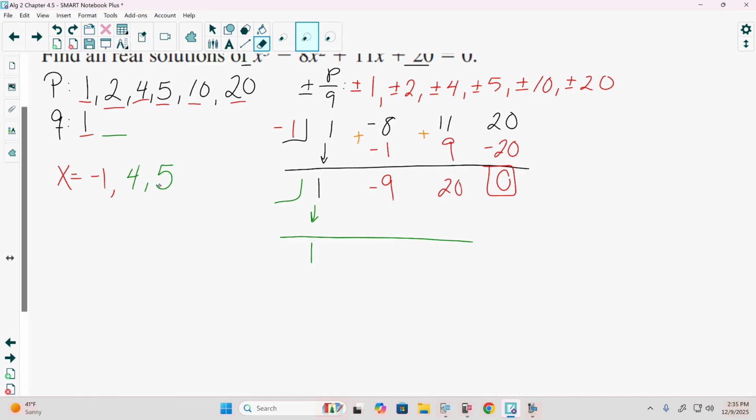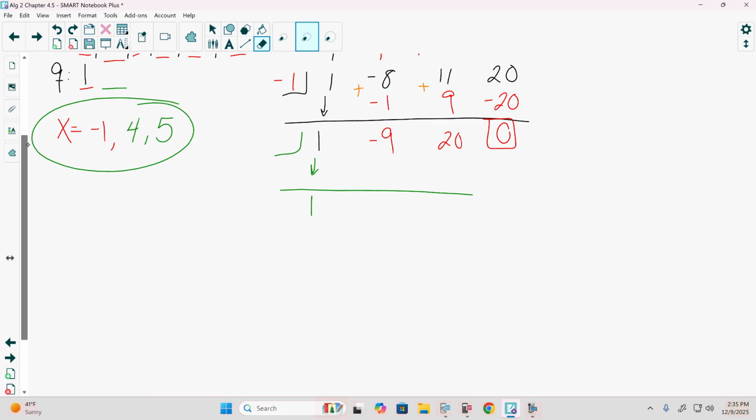So we know the other 2 of the solutions are 4 and 5. So we know x should equal negative 1, 4, and 5, yes? That's it. Those are the 3 solutions. Those are the 3 places across the x-axis.